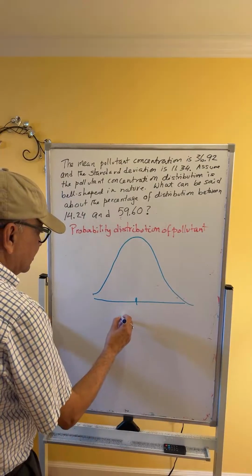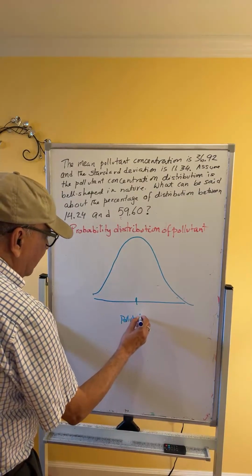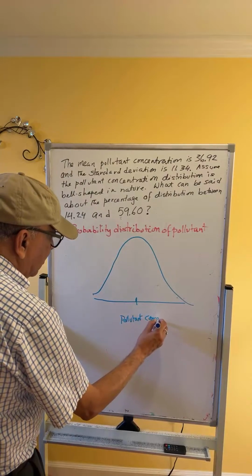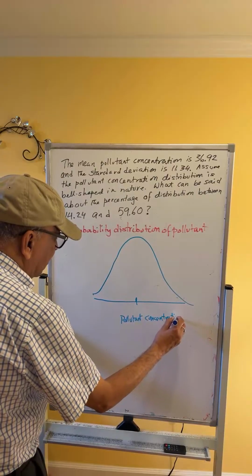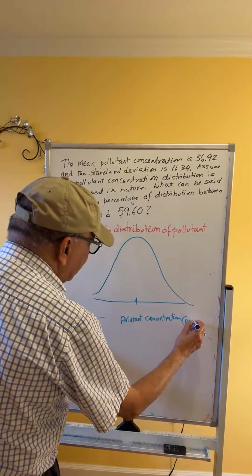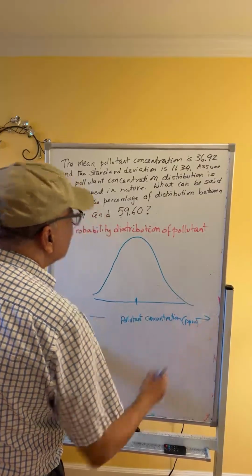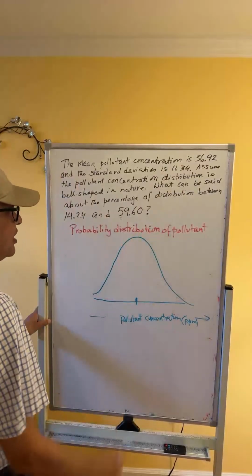The horizontal axis is pollutant concentration in parts per million, ppm. The mean is where the peak is the highest.